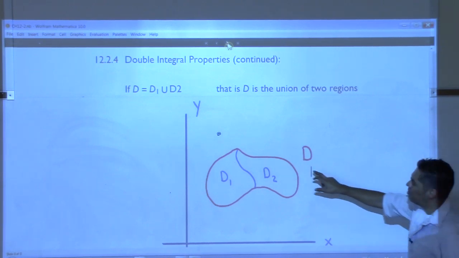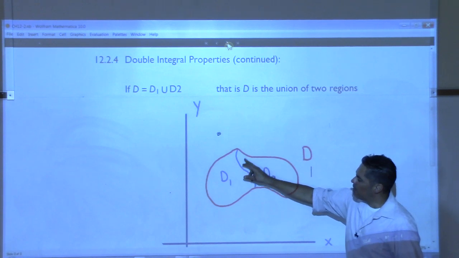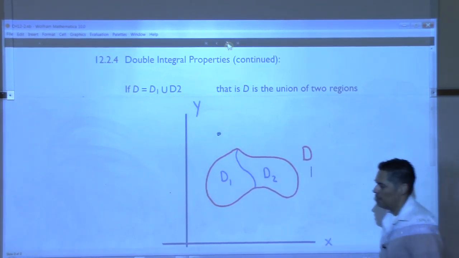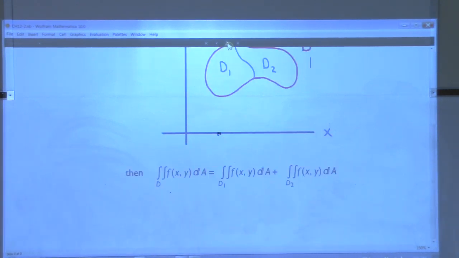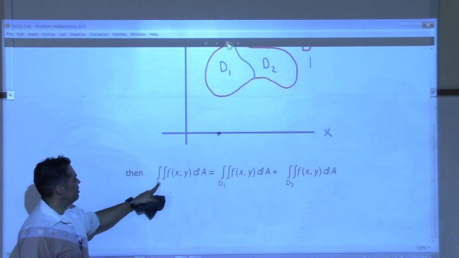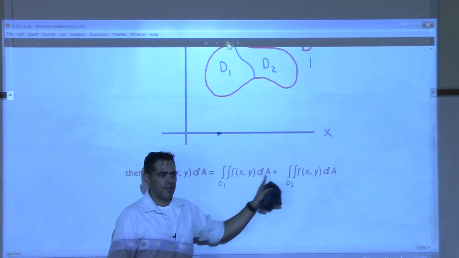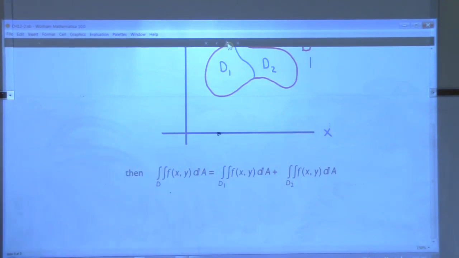If you have some region D here that you're trying to integrate over, you can split it into two regions, D1 and D2. And if you want to know the double integral over the whole region, you can just do the double integral over each of the individual regions and then add the two answers together. Does that seem plausible, seem reasonable, I should say? Okay, so this is saying that's allowed, all right?